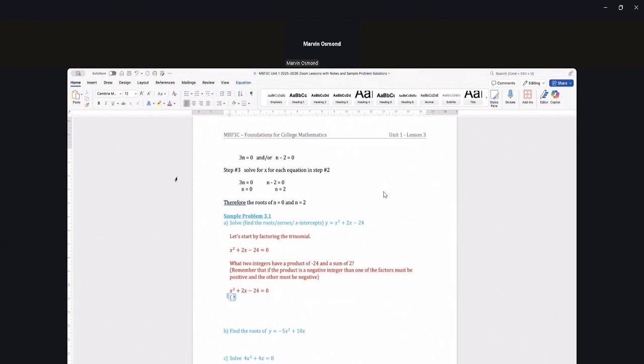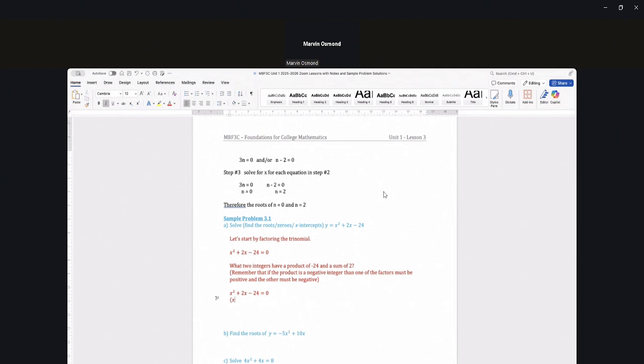So we know that, as I said, if this product is a negative number, that means that one of the numbers in the binomial will be x plus something, and one will be x minus something.